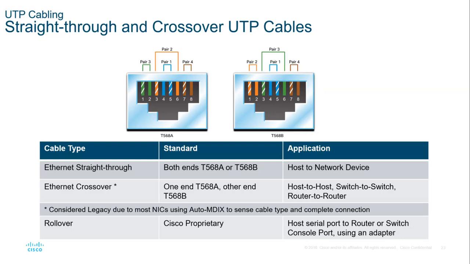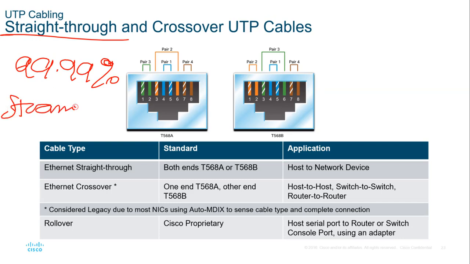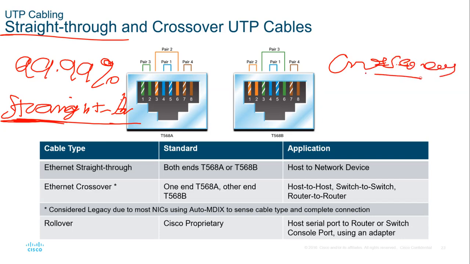But the most common type of cable is straight through. 99.99% of the network cabling is straight through. If you want straight through or crossover, there is a standard that we need to follow.